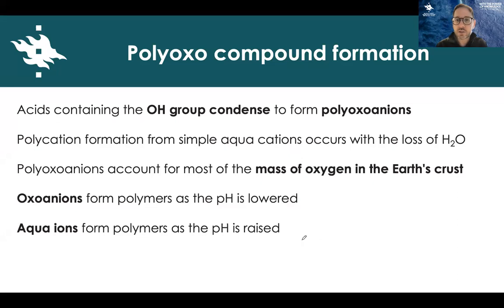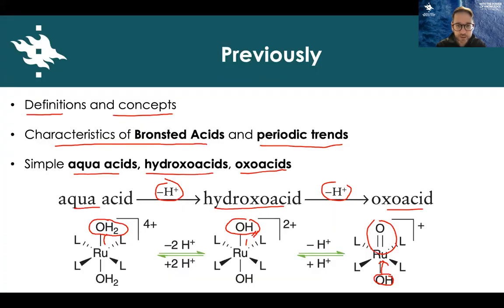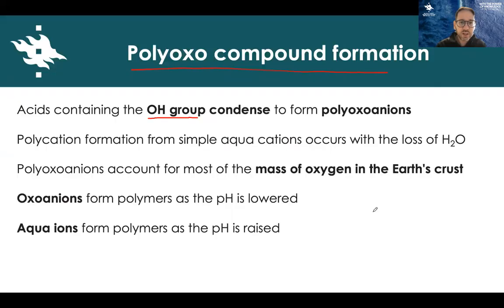Okay, so let's start with the polyoxo compound formation. When we have acids containing the OH group, for example, a hydroxyl acid or an oxo acid, this means that these OH groups between neighboring molecules can condense to form polyoxo anions.